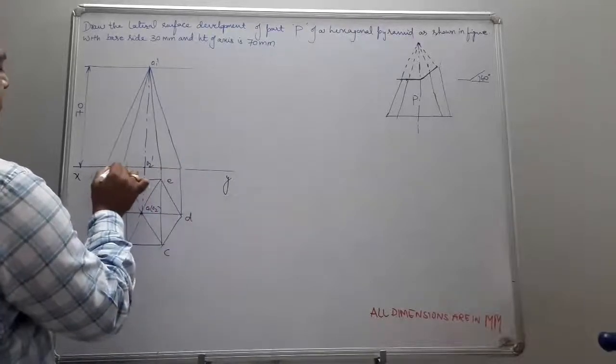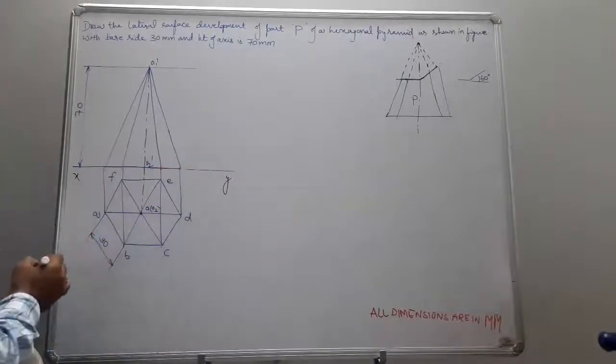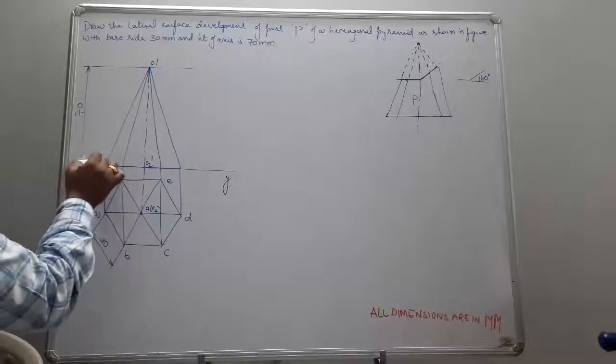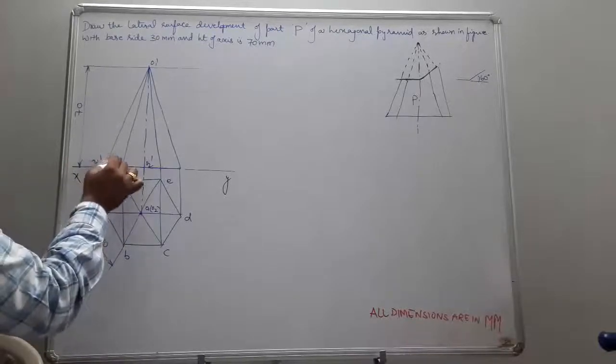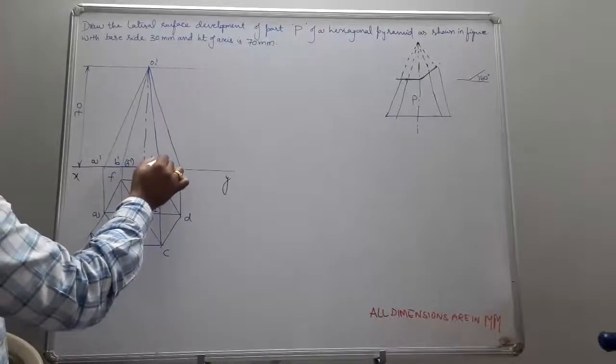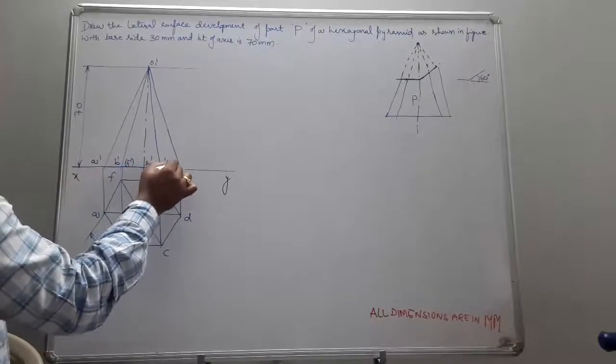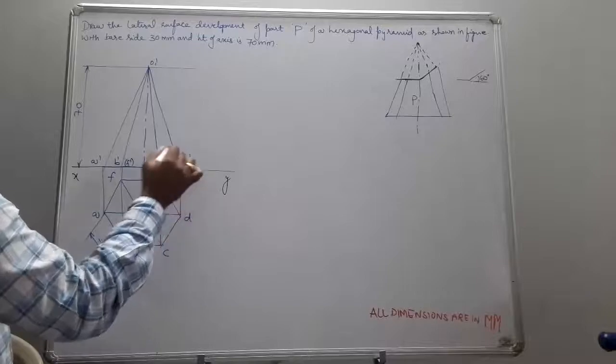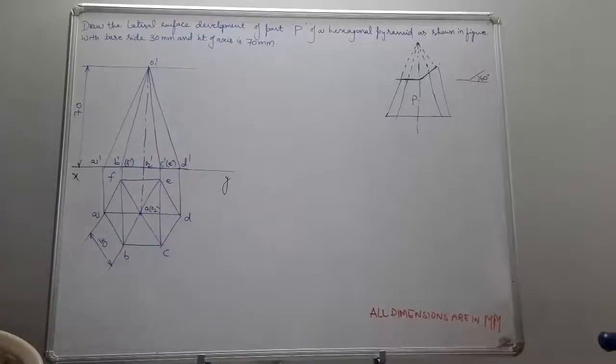This was my base which is obtained. So tell me the points which are going to be obtained. This was A dash, this was B dash and F dash, this was C dash and E dash, and this is D dash. Okay, so this was a simple position.